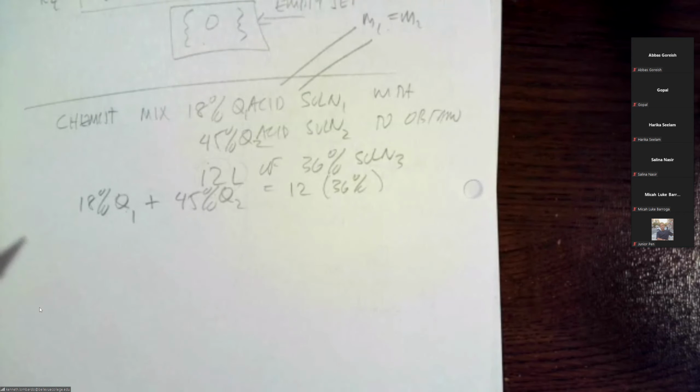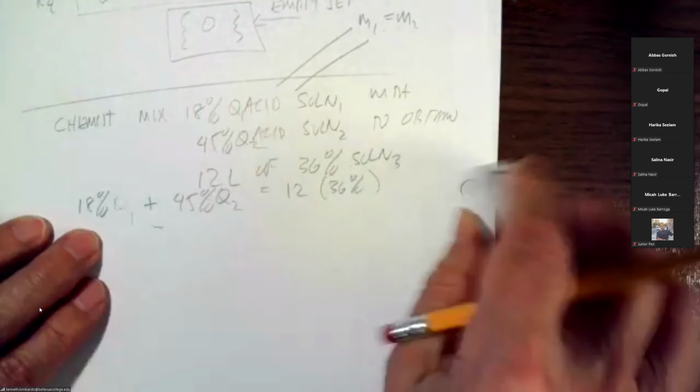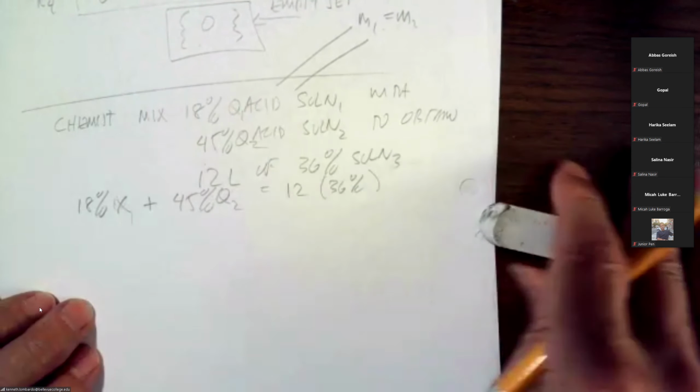And if that's the case, then I have to decide what I want to use here. Do I have any suggestions on what I might do to solve this? Instead of calling this Q1, I might call it x.